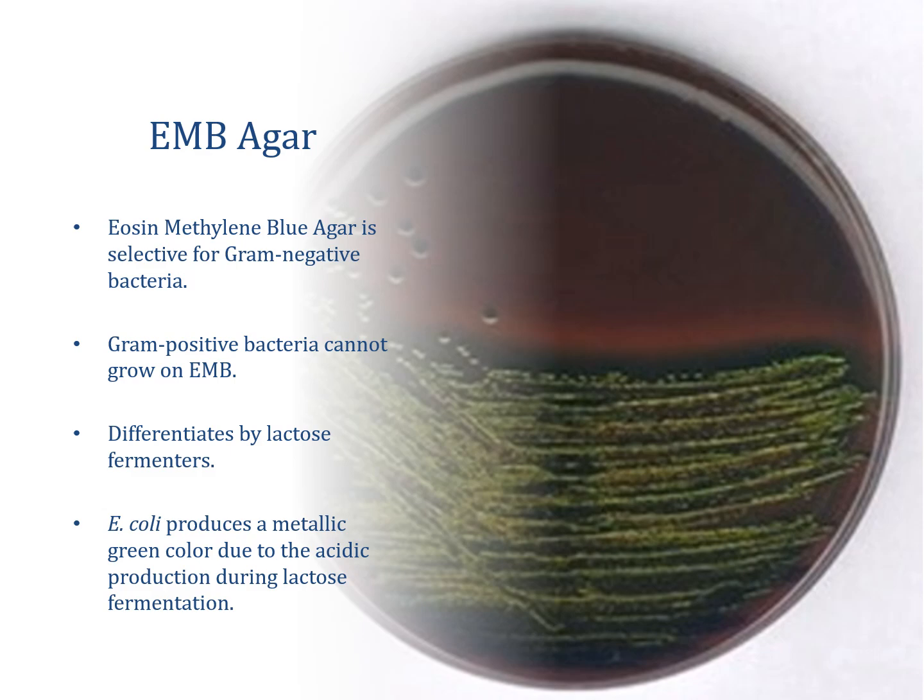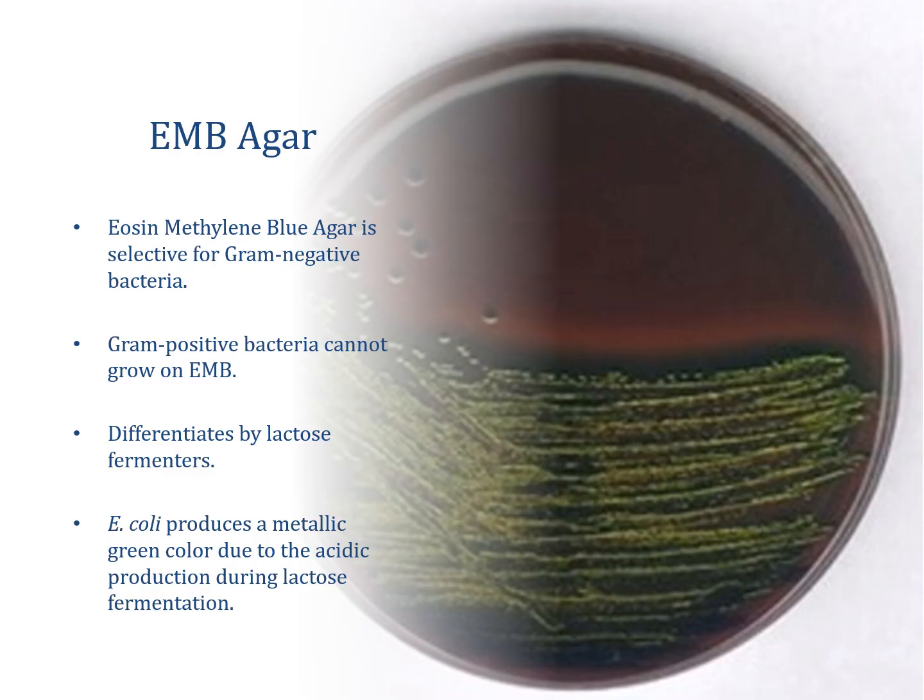So, what type of agar is EMB? EMB is selective and differential. It's selective for gram-negative bacteria, so gram-positive bacteria can't grow on an EMB plate because of the methylene blue dye that's in the agar. And then it's differential for lactose fermentators.